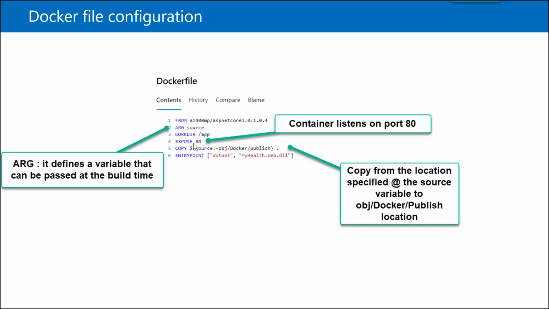This container will expose port 80, and COPY will be used to copy from the location specified at source, to copy the binaries to the publish location. This source is coming from this argument. So whatever argument you pass, it will get it here and then copy it from that location to the publish location. And then ENTRYPOINT is used to run that image. It is the standard entry point in the Docker file.